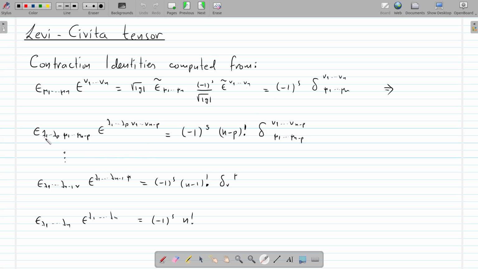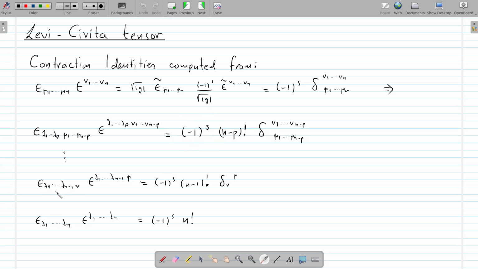So here we contract p indices of the tensors. So by applying the identities that we computed for the Levi-Civita symbols, this is n minus p factorial times the n minus p delta symbol, and then we have this minus 1 to the s here.